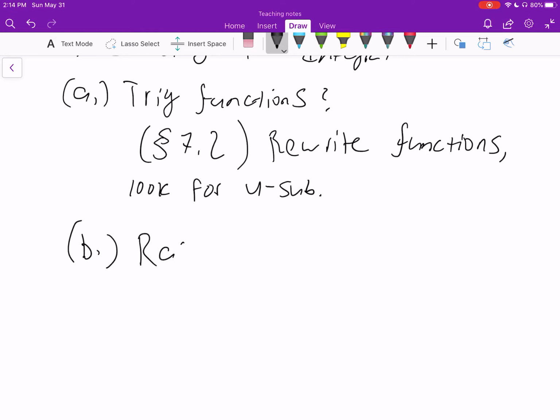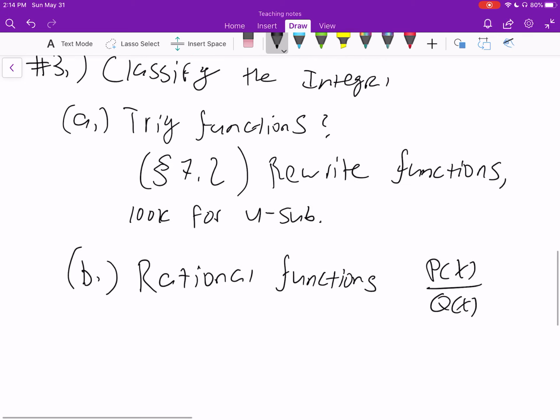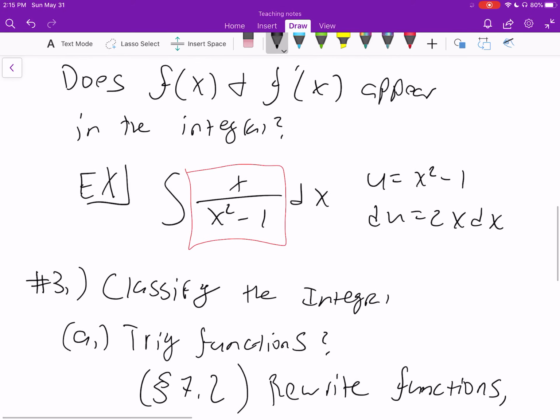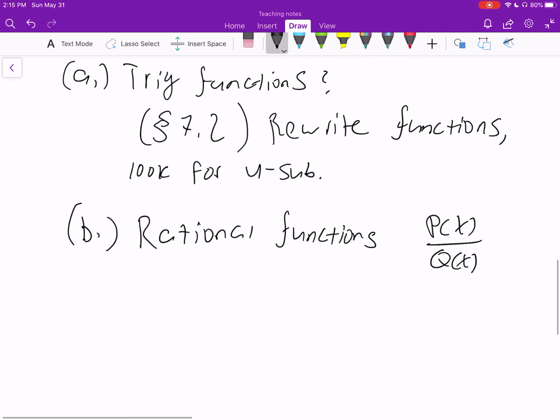B is, do I have rational functions? That's of the form p of x divided by q of x, where p and q are polynomials. If I have rational functions and I can't use a u substitution, like I talked about up here, like I could in the example in the middle of the screen right now, then I could use partial fractions.